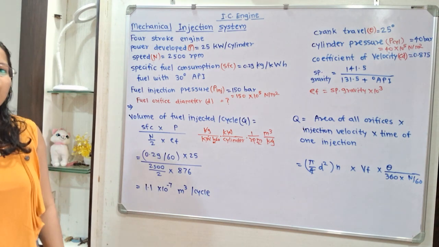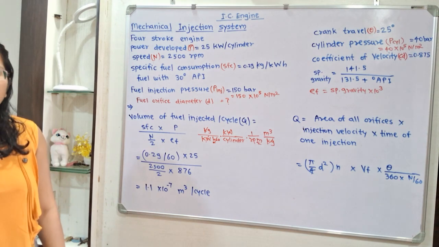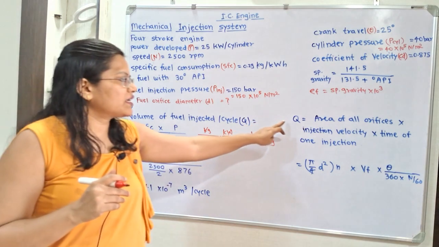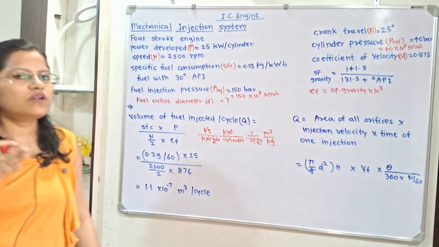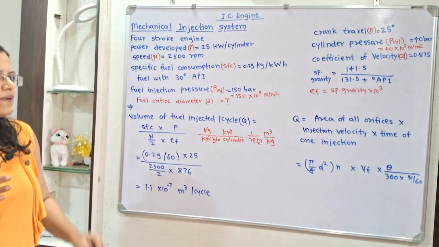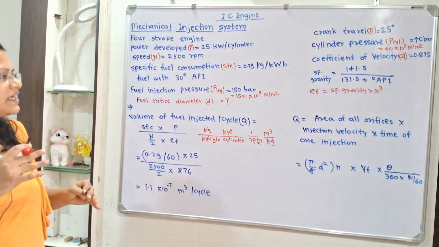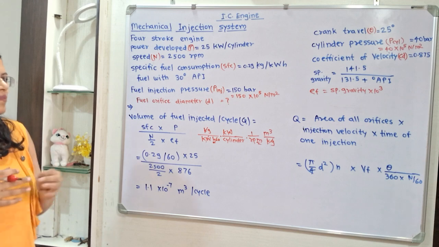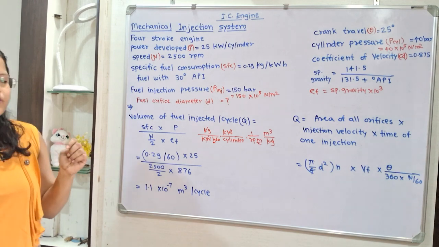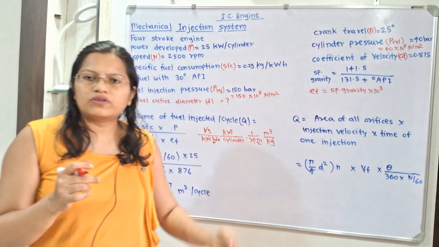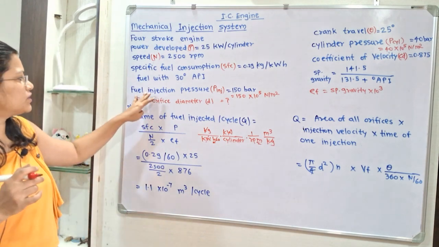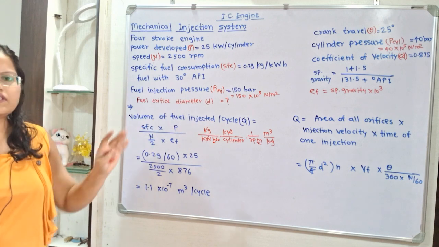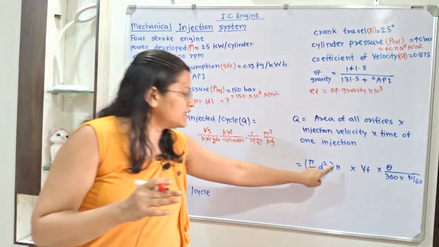Now we have another formula for the volume of fuel injected. So Q is equal to area of all orifices multiplied by injection velocity multiplied by the time of the injection. So we will put the values. So area of all orifices. Here in this question only one orifice is considered, so here n is equal to 1.